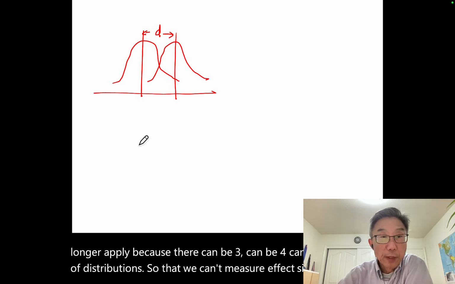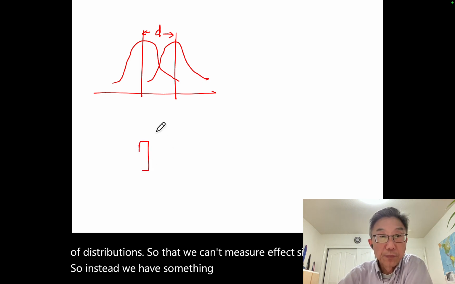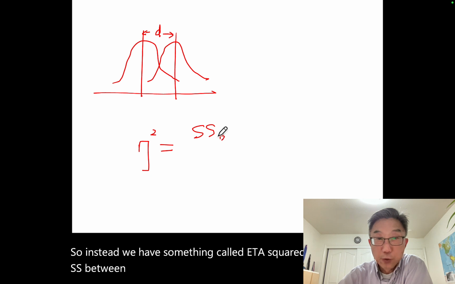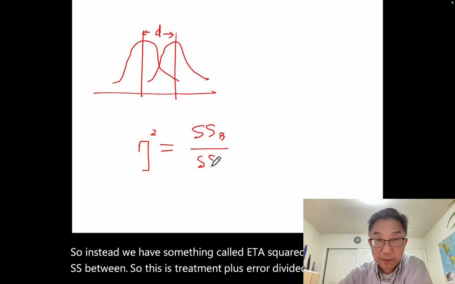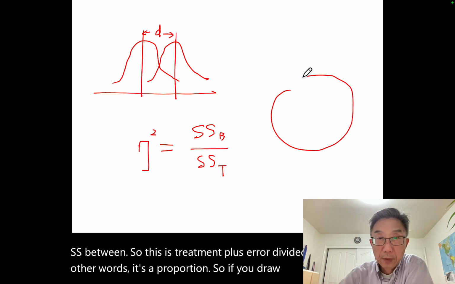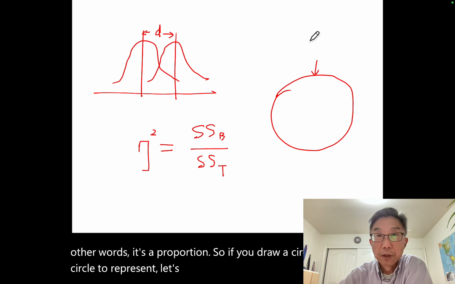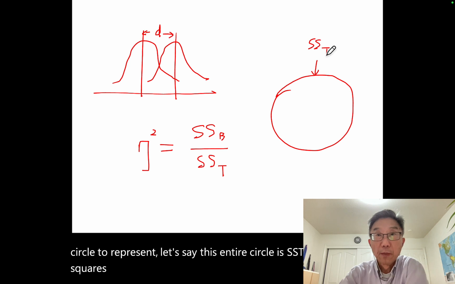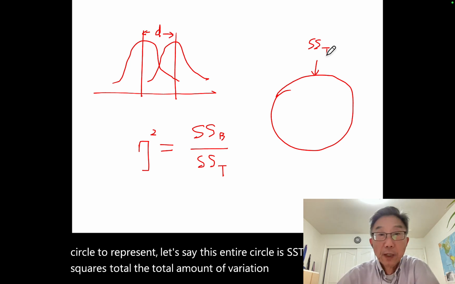So instead, we have something called eta squared. Eta squared is SS between, so this is treatment plus error, divided by SST, total. In other words, it's a proportion. So if you draw a circle and use this circle to represent, let's say, the entire circle is SST, sum of squares total, the total amount of variation in the data.